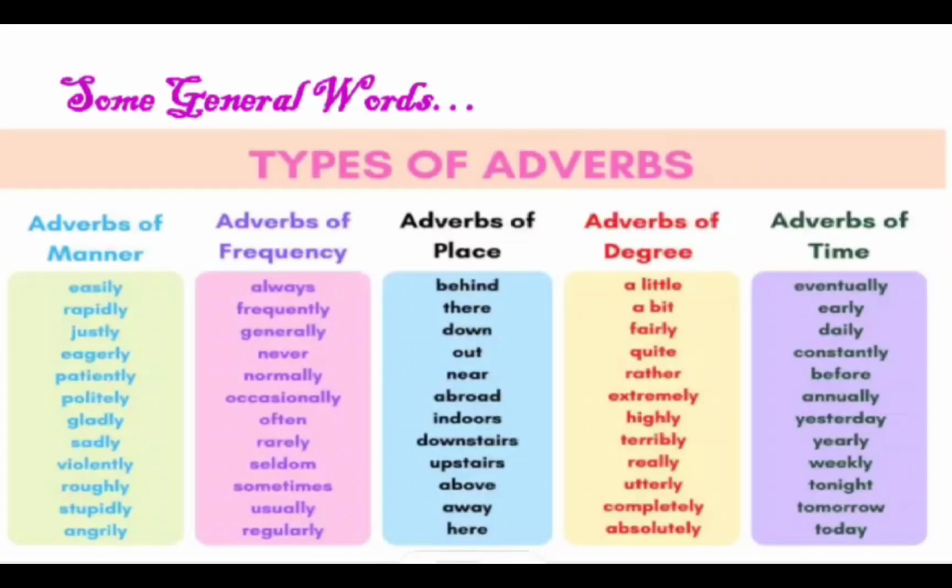So, just a small list is what I'm sharing with you right now to identify the types of adverbs. Let's look at the first list which says adverbs of manner: easily, rapidly, justly, eagerly, patiently, politely, gladly, sadly, violently, roughly, stupidly, angrily. It shows how the action must have taken place.